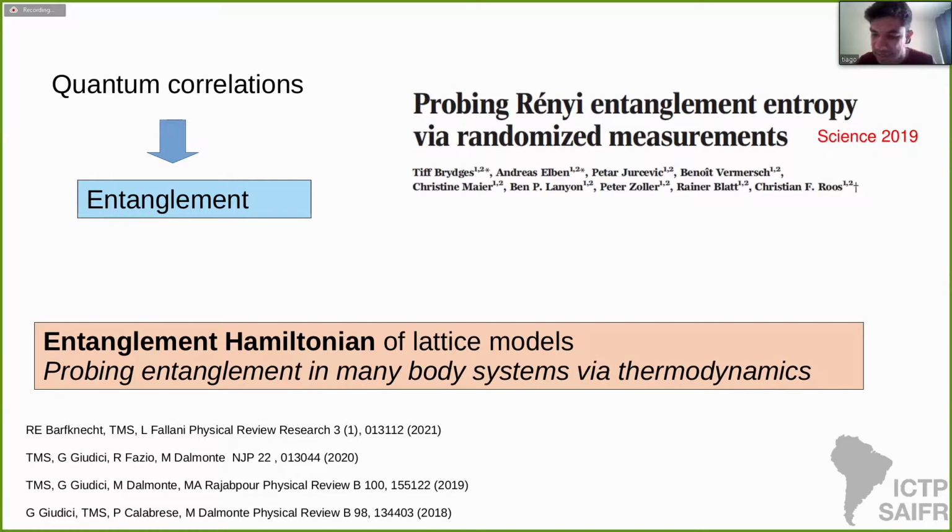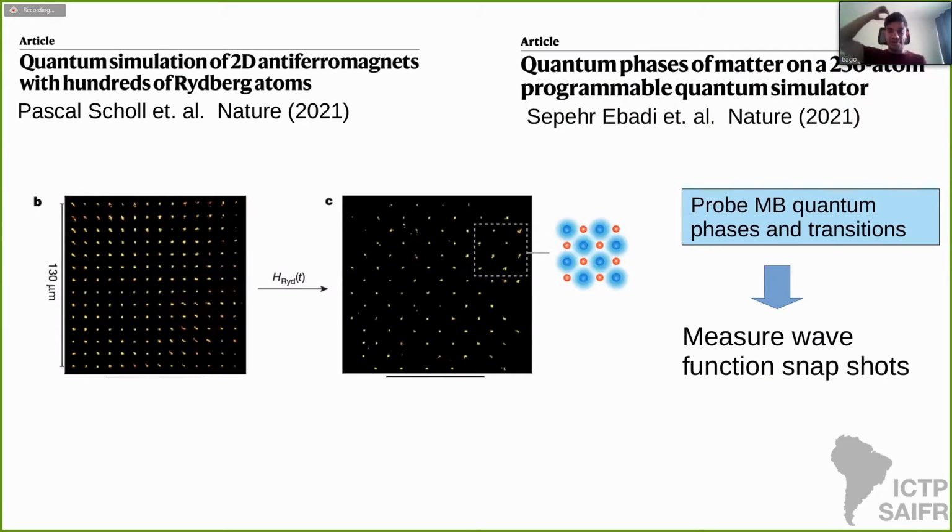Now before I enter the machine learning part, let me mention some state-of-the-art experiments about synthetic quantum systems. Here I mention these two papers. They simulate, using this Rydberg atom platform, a 2D quantum system. Basically, they simulate the 2D quantum Ising model, and they can realize the 2D antiferromagnet, that is, the ground state of this model. An important aspect of this experiment is that they can probe locally.